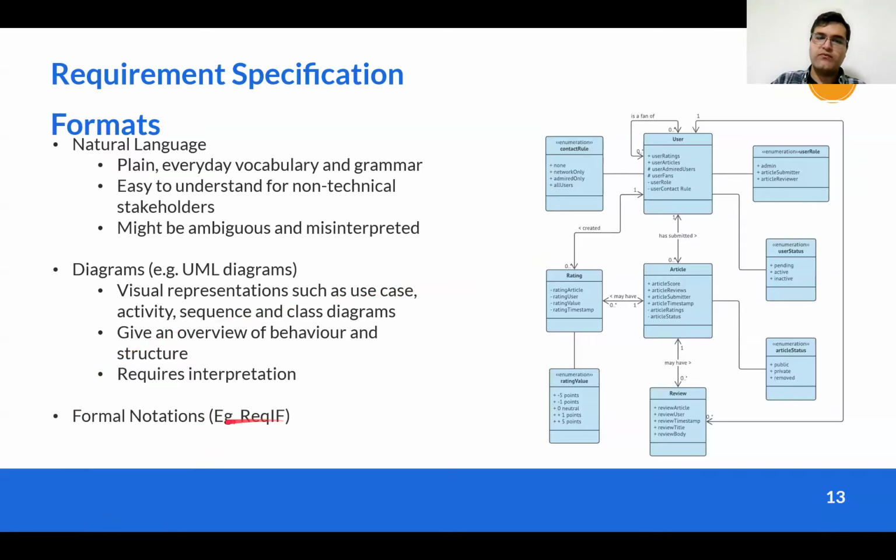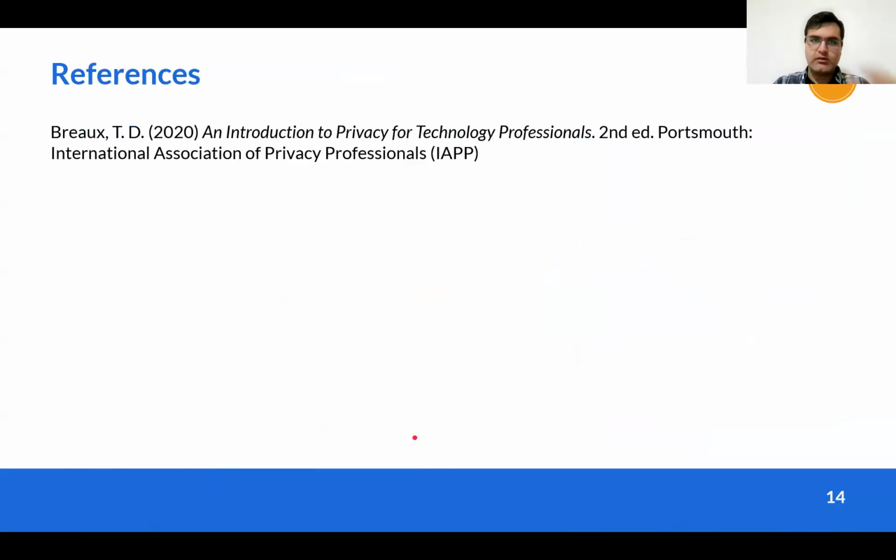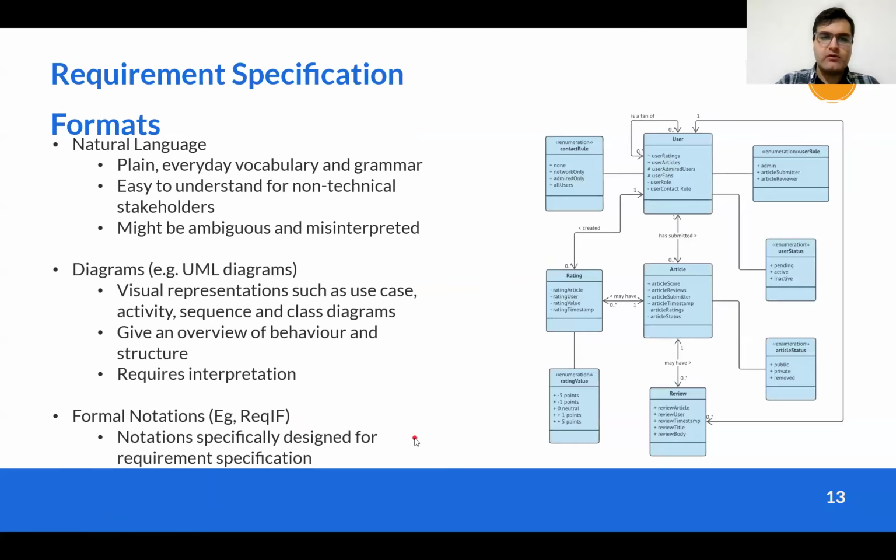And then there's also formal notation, for example ReqIF. This one is very technical. Let me show you a picture of ReqIF.